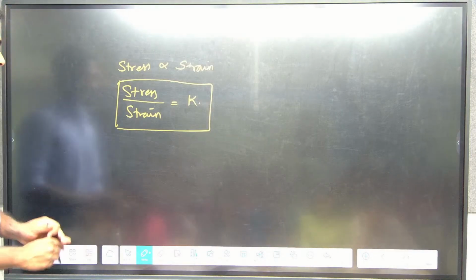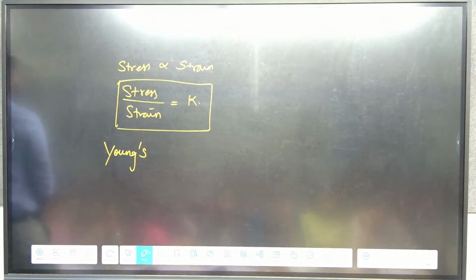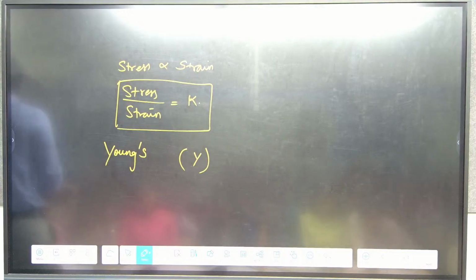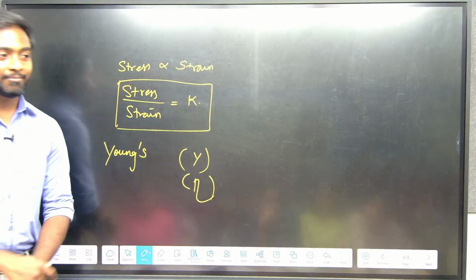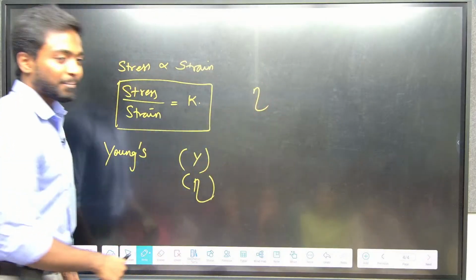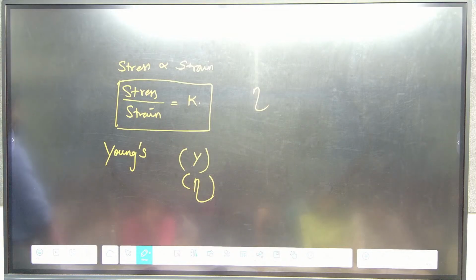Young's modulus is denoted by the letter Y. Rigidity modulus is denoted by the letter eta, not theta. The third one is bulk modulus.